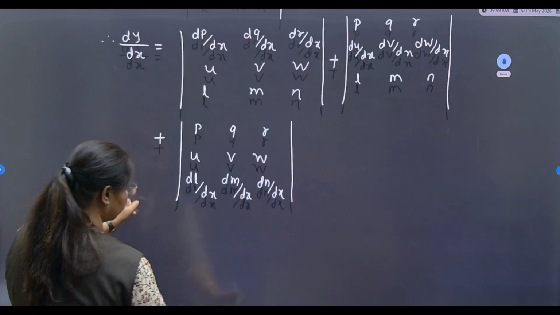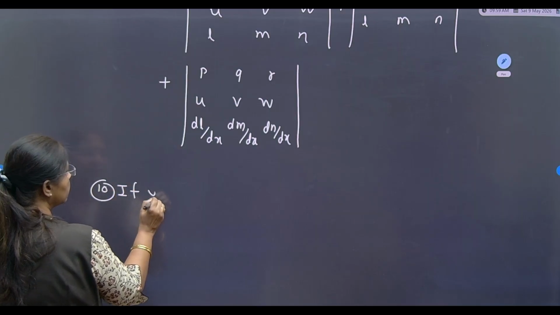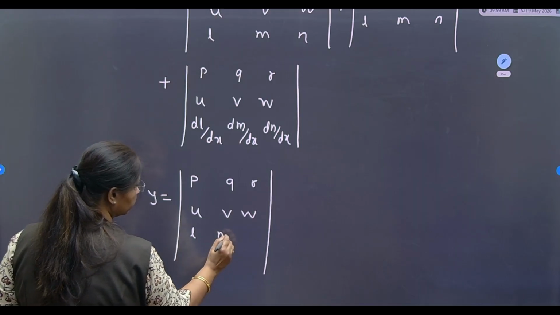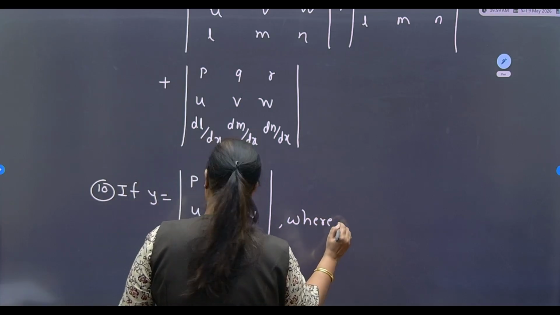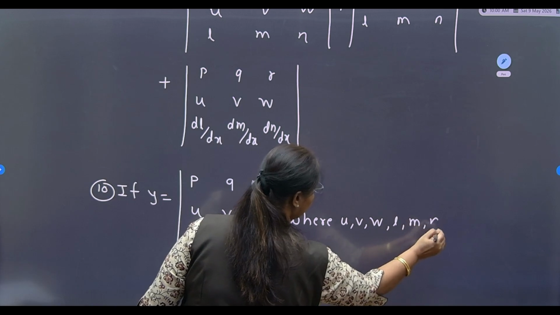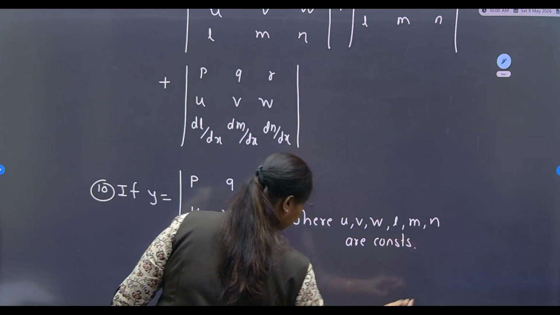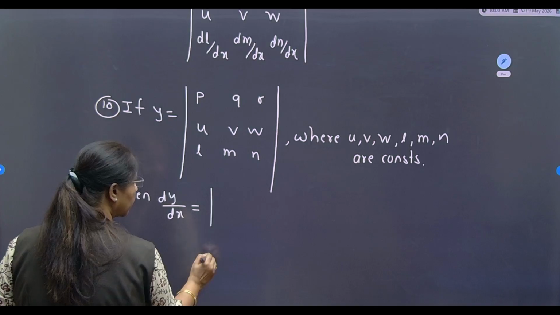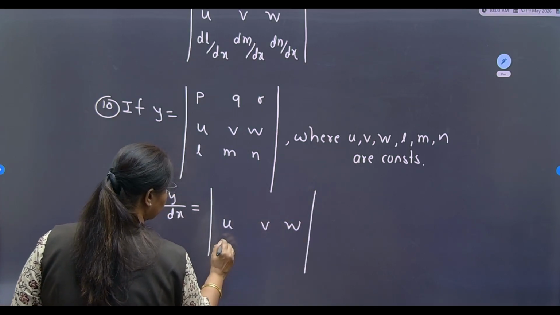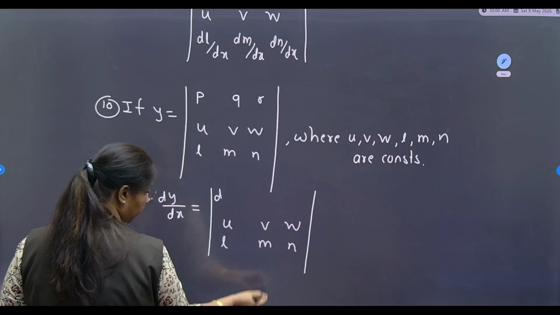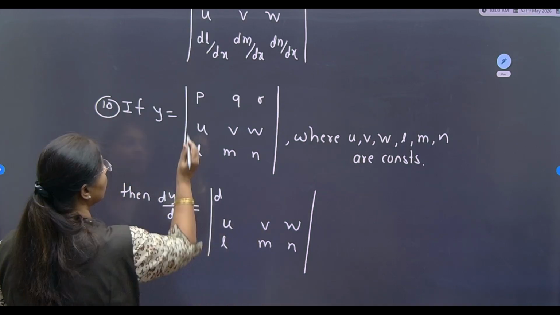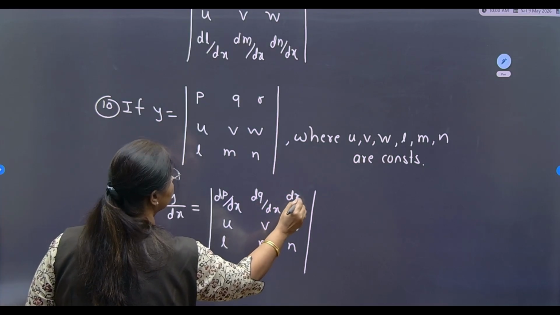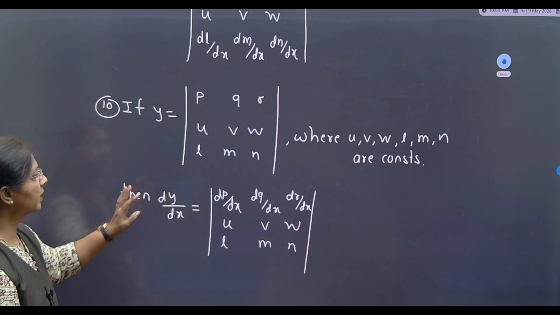Therefore result number 10: if y is equal to the determinant with first row P, Q, R, second row U, V, W and third row L, M, N, where U, V, W and L, M, N are constants, then dy upon dx is equal to the determinant with second row elements as it is, third row elements as it is, and only the derivative of the first row elements: dp by dx, dq by dx and dr by dx. Okay, these are some shortcuts.